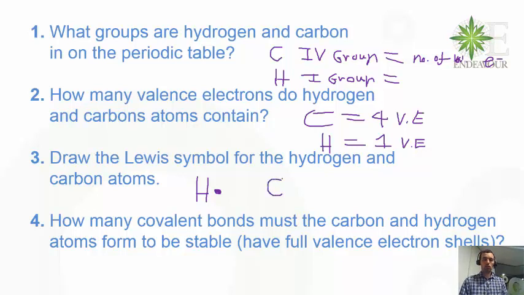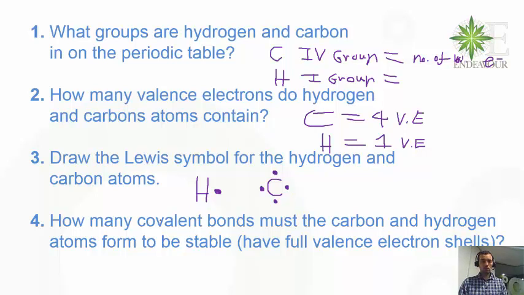Remember, there's 4 different positions, 4 different orbitals that the electrons can reside in, one at the top here, and each side and the bottom. The rule is that we put 1 electron in each orbital before any of them can become paired. Because carbon has 4 valence electrons, each position gets 1 valence electron.